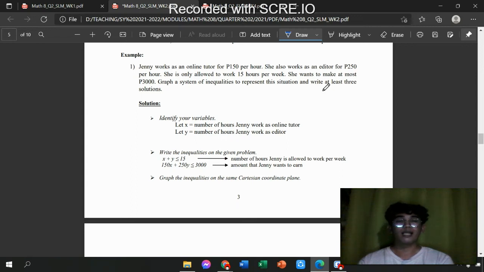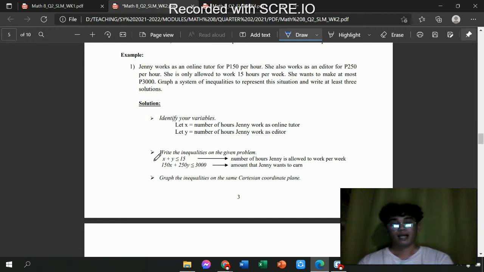So, dili dapat molapas og 3,000 ang iyahang ma-earn. So, less than or equal to 3,000. That is our linear inequality for the amount that Jenny wants to earn. So, kung iyang i-add ang iyahang kita sa online tutor ug ang kita sa editor, that should be at most 3,000 pesos or less than or equal to 3,000.